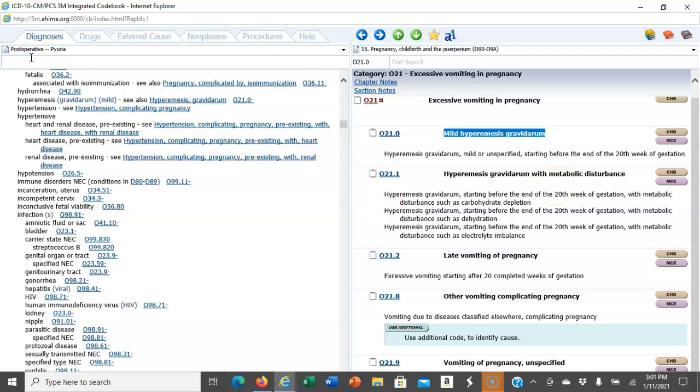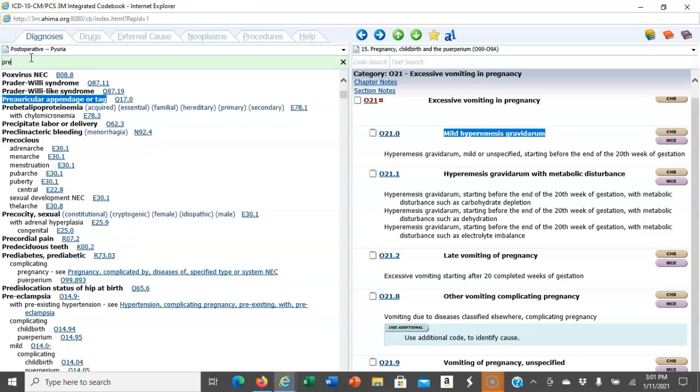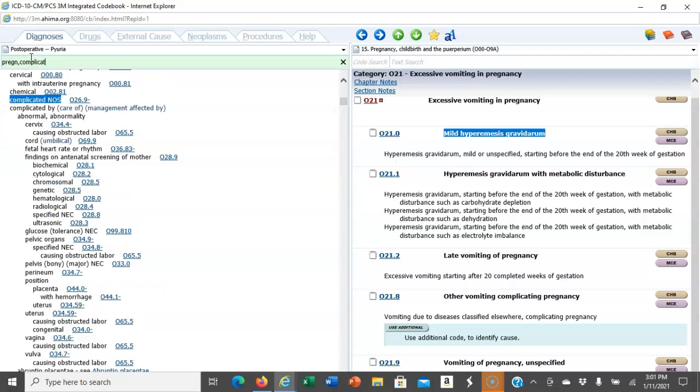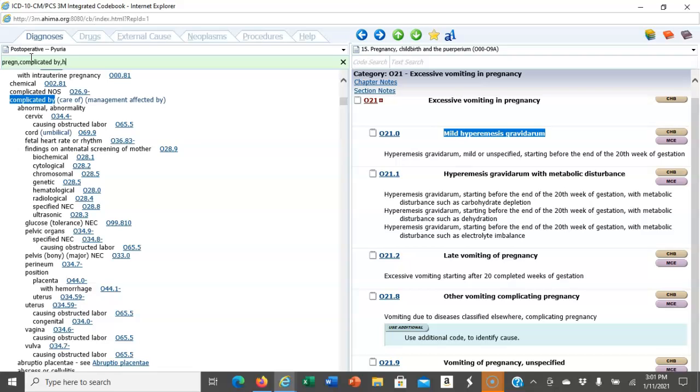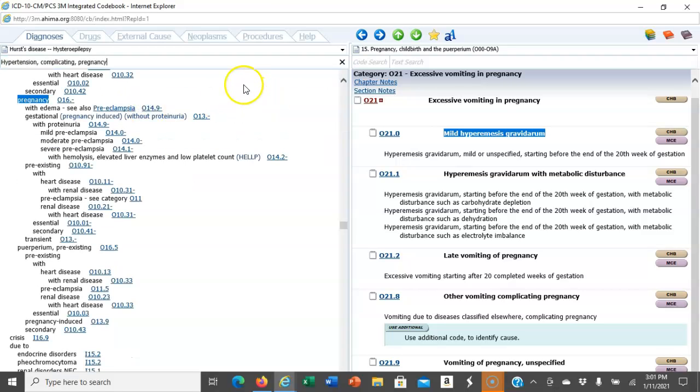Now she also has pregnancy-induced hypertension. So let's go to pregnancy. Complicated by hypertension. And this is hypertension complicating pregnancy.